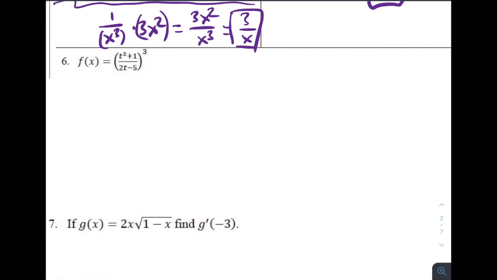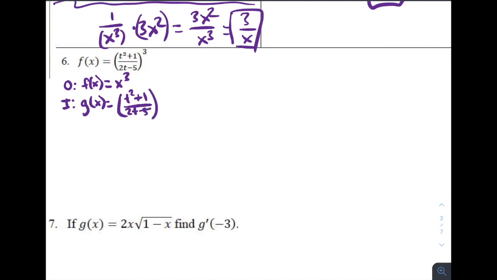Let's do it. Same as what we did before, I'm going to identify the outside and the inside. My outside function is going to be f of x, that is x raised to the third power. My inside function is all of that stuff inside the parentheses, so t squared plus 1 divided by 2t minus 5.